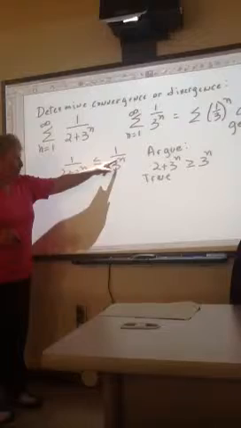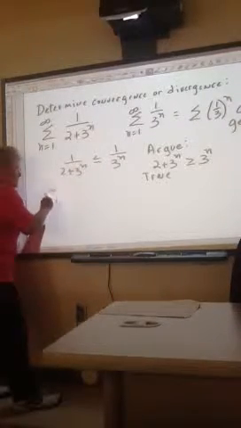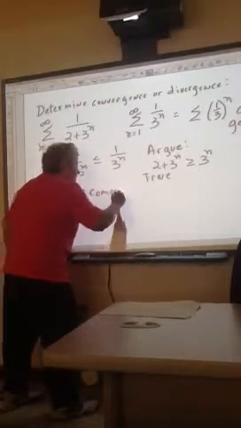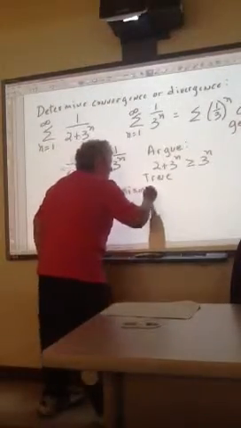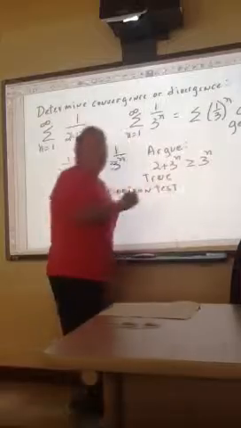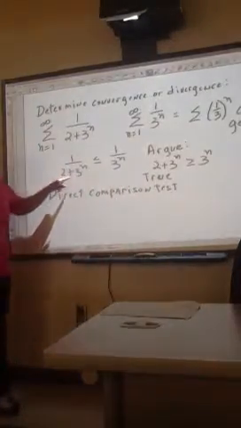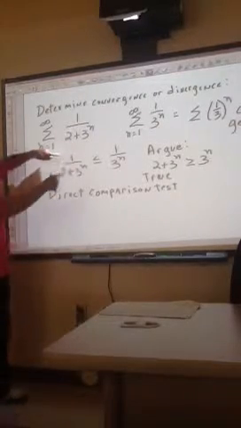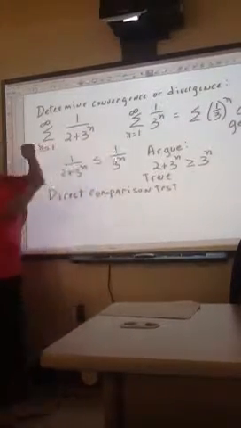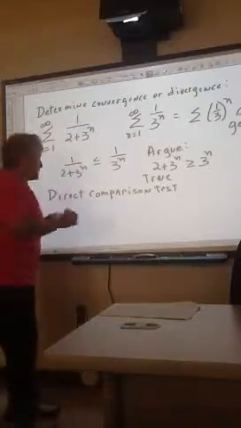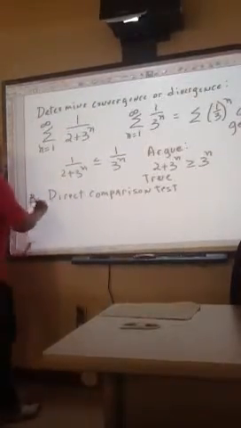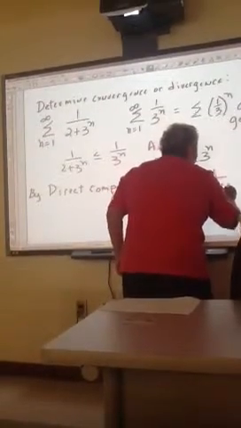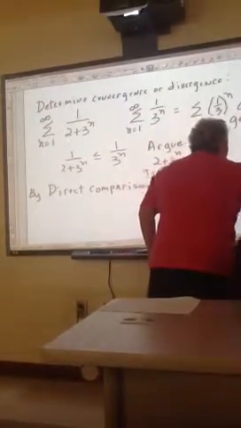Since this one converges, by the direct comparison test, since they're in the denominator, that would have to be smaller, because both of them had the same numerators. By the direct comparison test, this sum, 1 over 2 plus 3 to the n, converges.